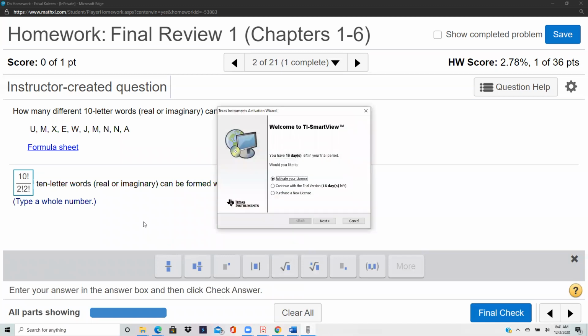Oh, I have only 16 days left with this calculator. And I don't know how much it will cost afterwards. Okay, so continue the trial version. They never told me what the price will be eventually.